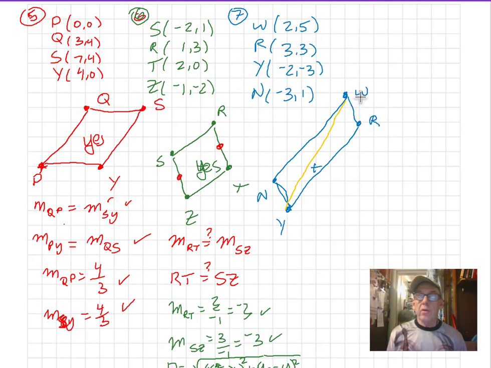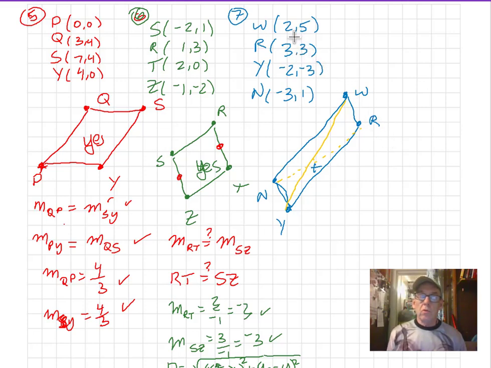The midpoint of the diagonal is the average of the x's and the average of the y's. So we're doing W and Y, and then we'll do N and R and see if they end up bisecting each other. That might be what they're looking for. Let me switch over to blue here. So the midpoint formula: you average the x's and you average the y's.